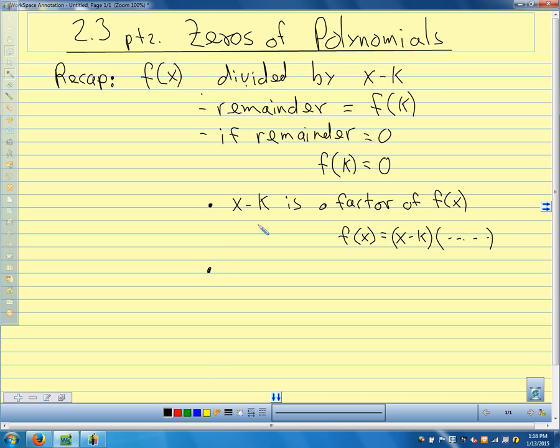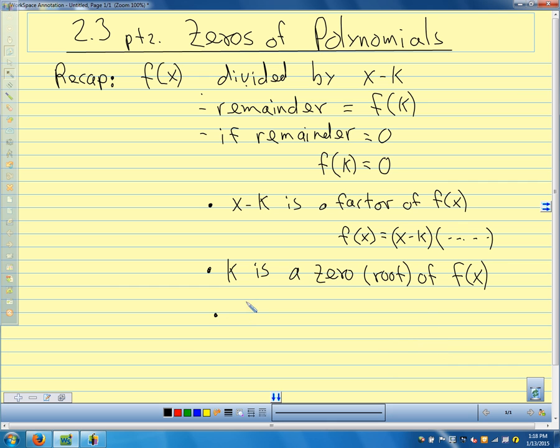What was another thing that was the same as saying x minus k is a factor? What do we call it when we plug in a number and we get 0 in our function? It's a 0 of the polynomial. The other way we say 0 is a root. k is a 0 or a root of f of x.